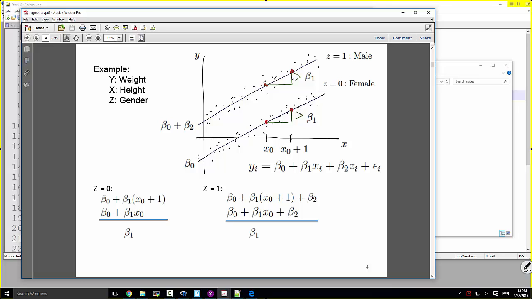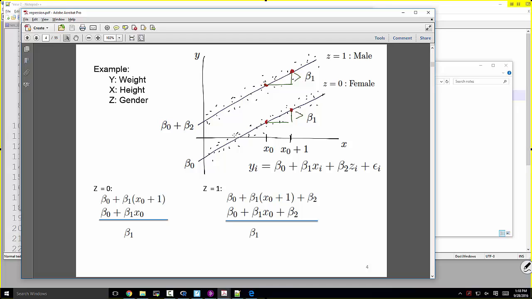If we go to males, then this z becomes 1, and the beta 2 is now in the model. So the intercept for the line, whenever x is 0, but men are being looked at, would be beta 0 plus beta 2. The intercept for the line for men is beta 0 plus beta 2.